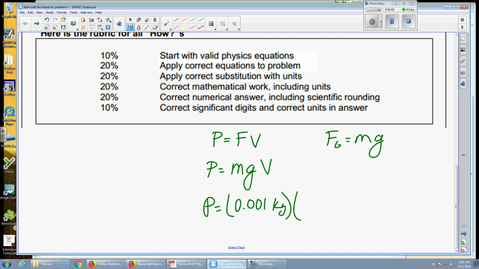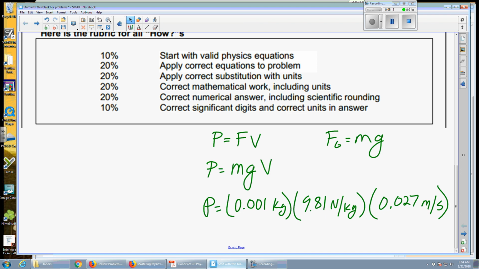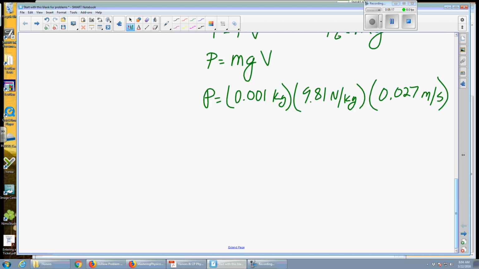I'm assuming this takes place on the Earth, so I'm going to use the gravitational field strength on the surface of the Earth and then convert my velocity to meters per second. That will all work together to give me an answer in watts, and then I can convert it to milliwatts.